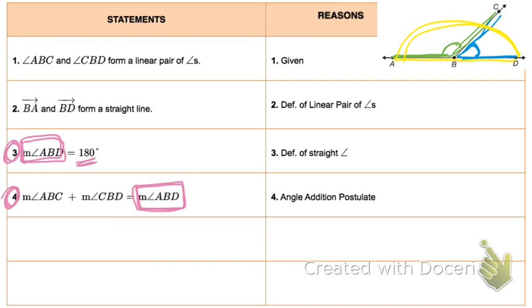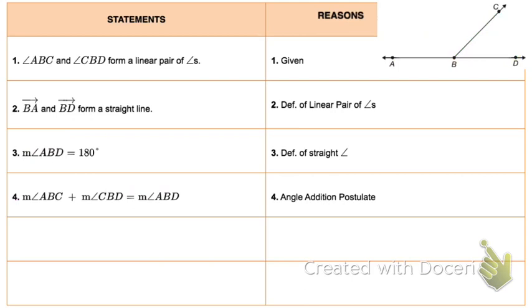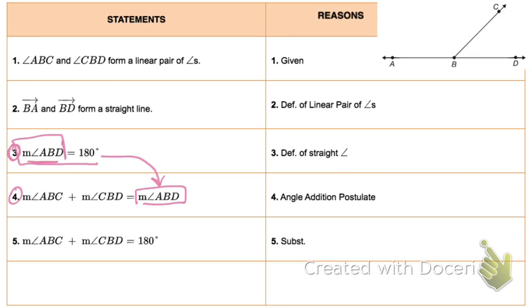So over here, instead of measurement ABD, we could just put 180 degrees instead. Why can we do that? Substitution. So what I did is I took the fact from step 3 that this is 180, and I combined it with step 4. Instead of measurement ABD, I wrote 180. You can do that because of the substitution property.